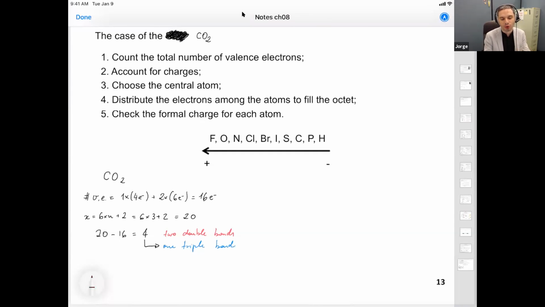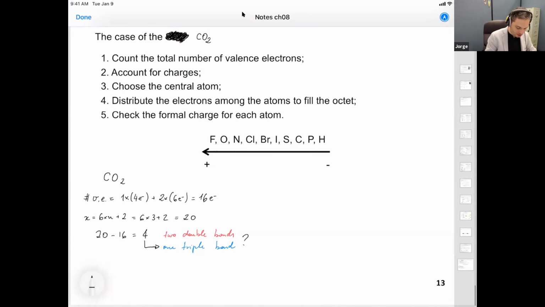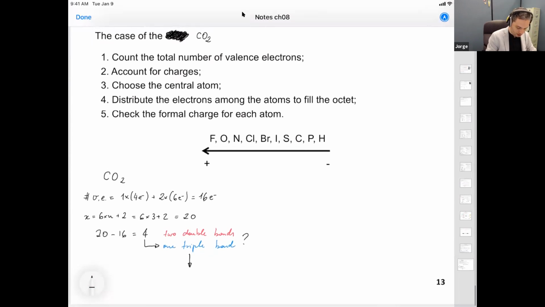It will give you two options, and you have to decide which one is going to be the most stable. So which of the options is the most probable? To figure that out, we are going to calculate the formal charge for both options.